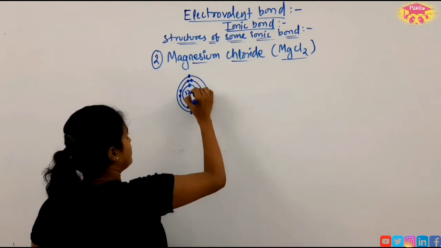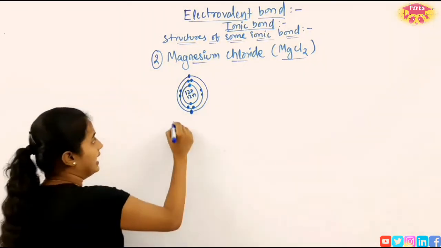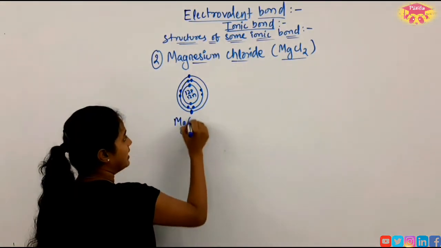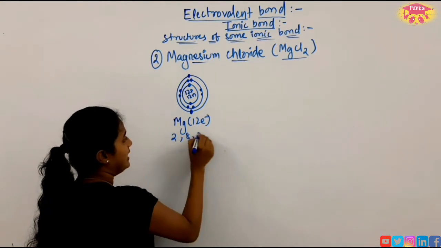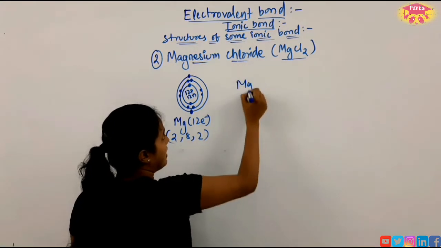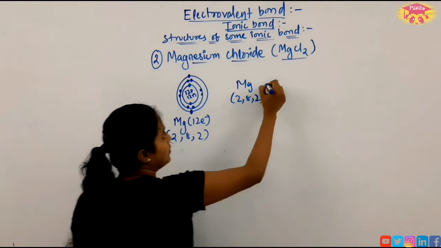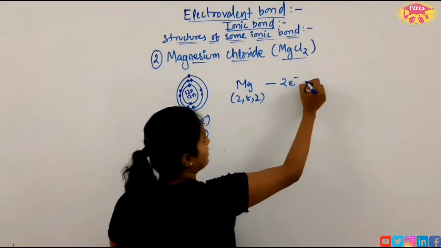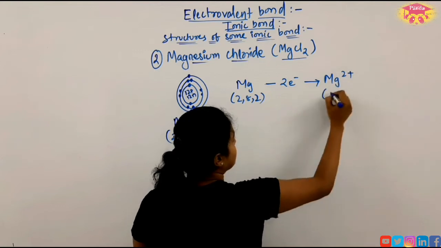It contains 12 protons and 12 neutrons in the nucleus, and this is the magnesium atom containing 12 electrons, that is 2, 8 and 2. So this magnesium atom containing 12 electrons donates 2 electrons and becomes Mg2 plus.